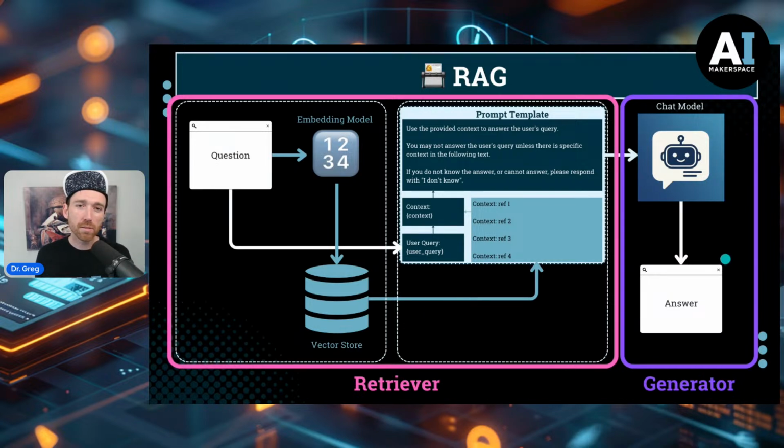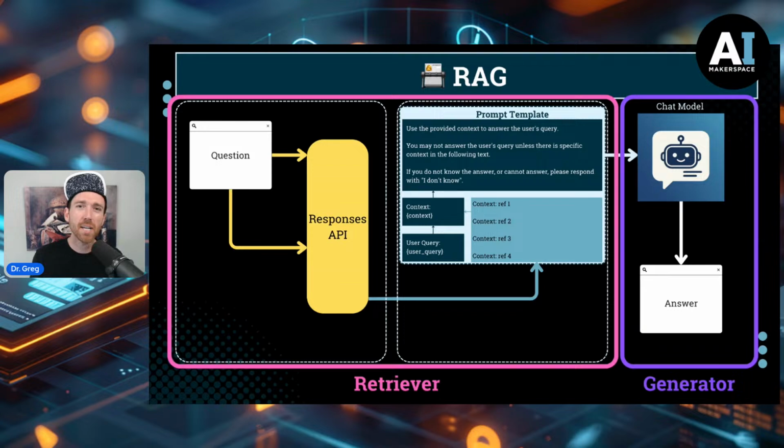When we're looking at handcrafting with the Responses API, these pieces right here, the embedding model, the vector store, spinning all this stuff up ourselves, we actually don't really need to care about doing this. The Responses API actually does this for us. And that's pretty cool, because it abstracts away a lot of the challenging things that we've maybe faced in building our own custom RAG applications.